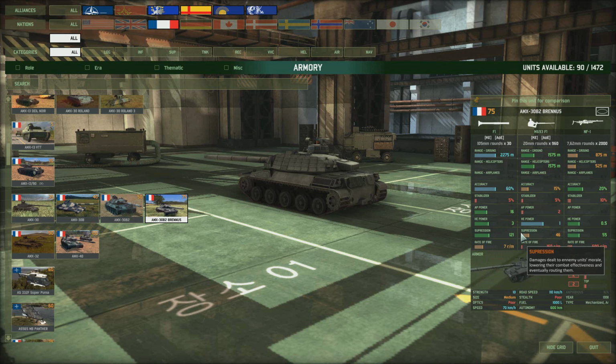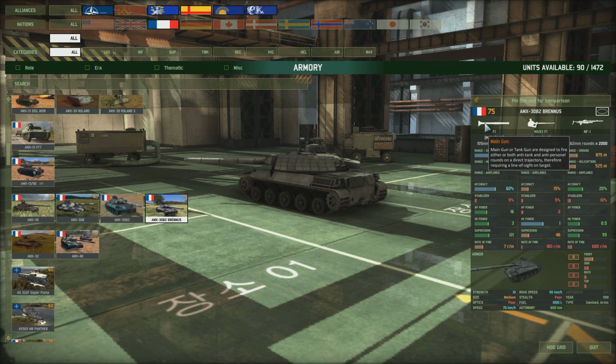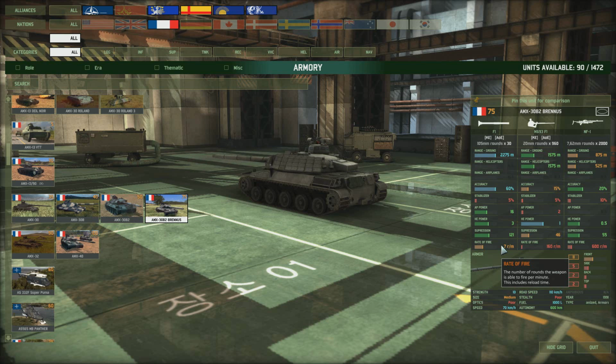Beneath that, we're going to go down to here, the rate of fire. Now the rate of fire depends on the time it takes to aim, the amount of shots per salvo, and the reload delay between salvos. By salvo I mean how many shots it gets off in one go. The main battle tank has 1 shot, but some things like rocket artillery will fire between 10 and maybe 15-20 rockets in one salvo.